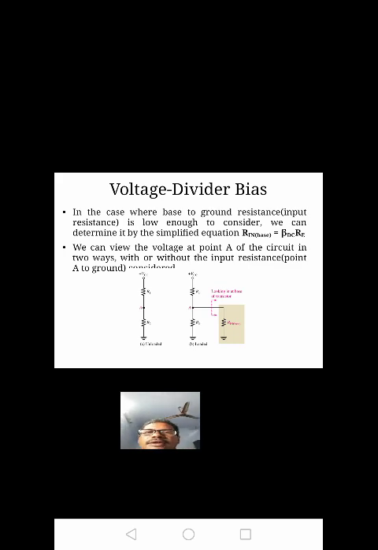We can view the voltage at point A of the circuit in two ways, with or without the input resistance from point A to ground. Here we are observing two cases, unloaded condition and loaded condition. R1 and R2 with VCC, and next R1 and R2 with R in loading the base of the transistor.